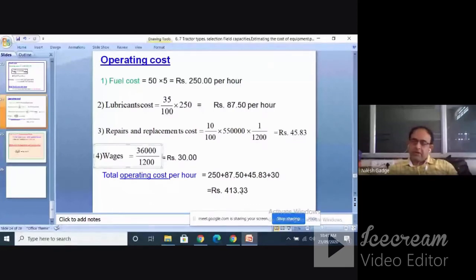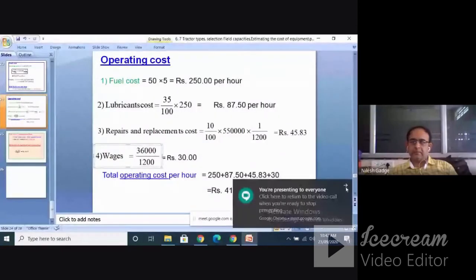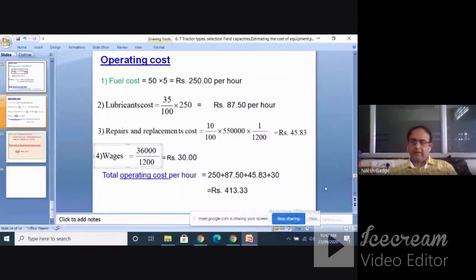So total operating cost or variable cost is equal to 413.33. Write it as fast as possible. Write this operating cost as quickly as possible.